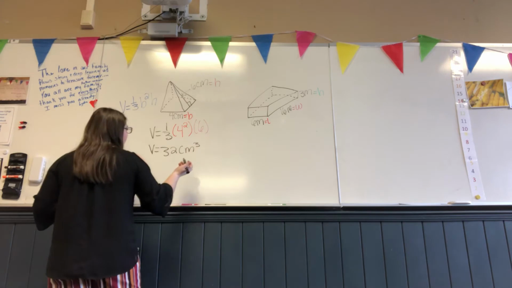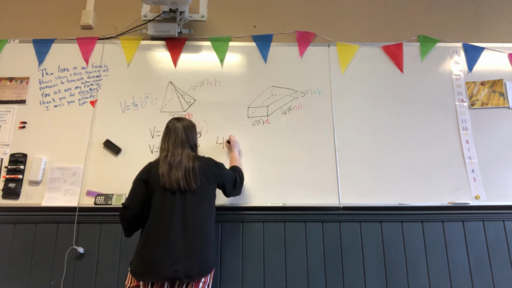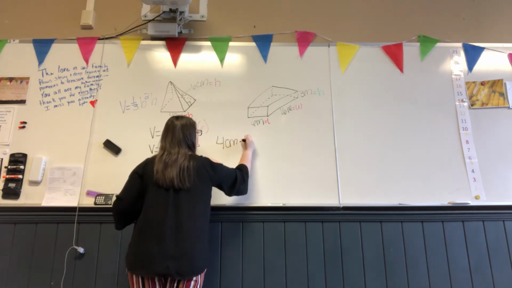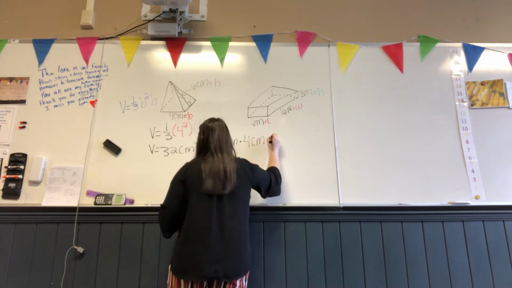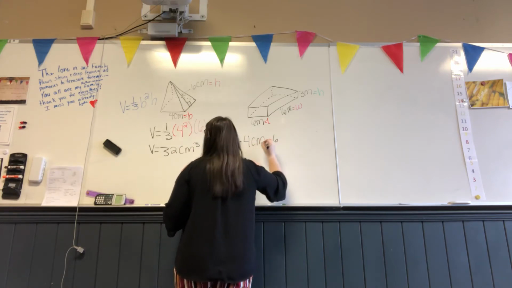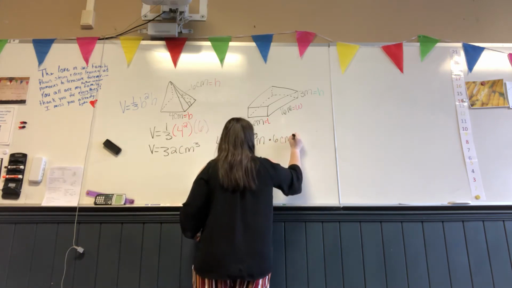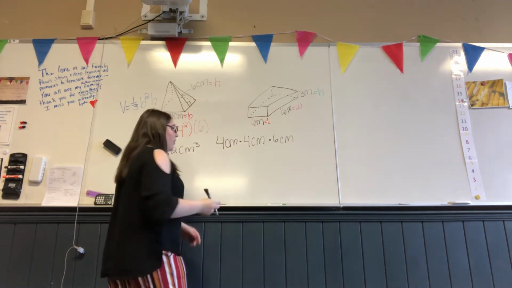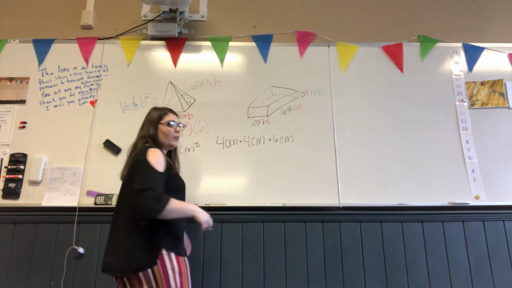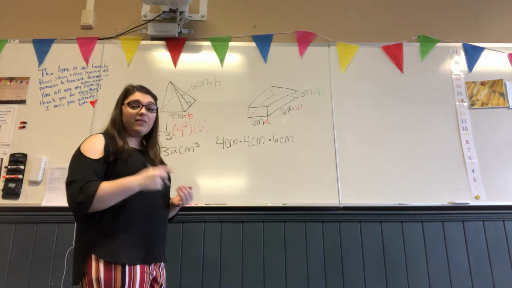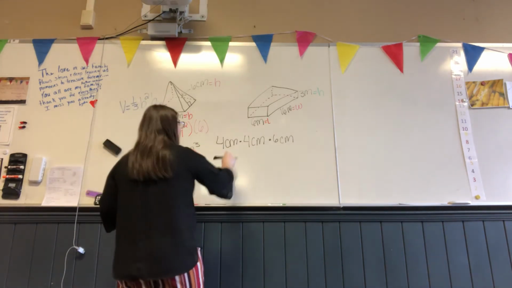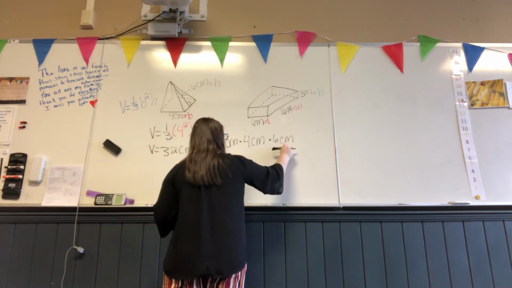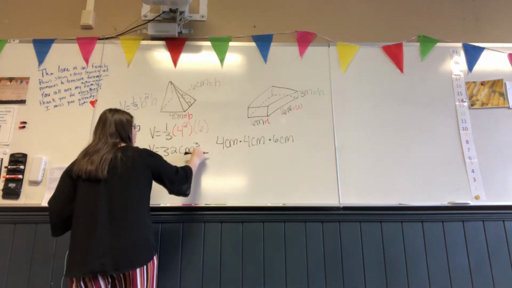If you think about this, this is 4 centimeters times 4 centimeters times 6 centimeters. So we have these numbers all multiplying together. Centimeter times centimeter in surface area or area is centimeters squared. Centimeter times centimeter times centimeter would give me centimeter cubed.